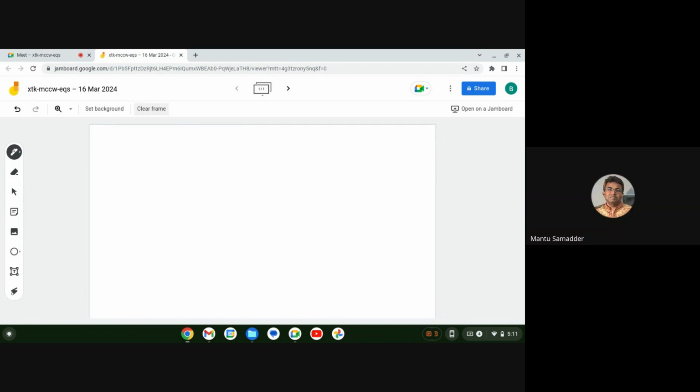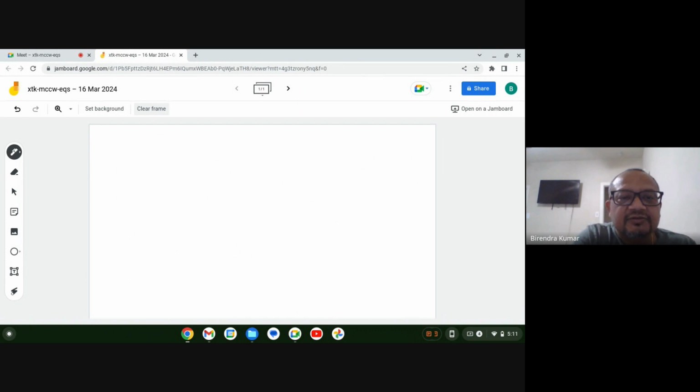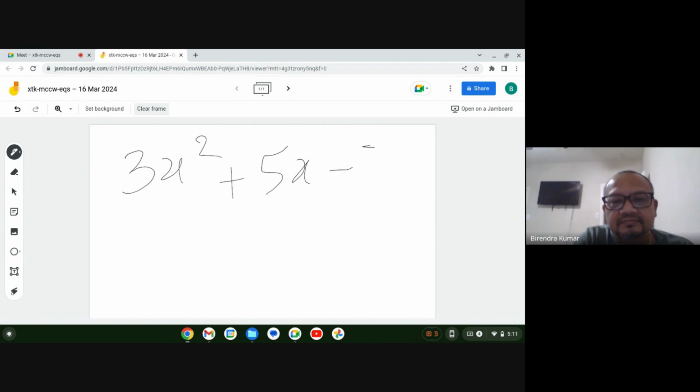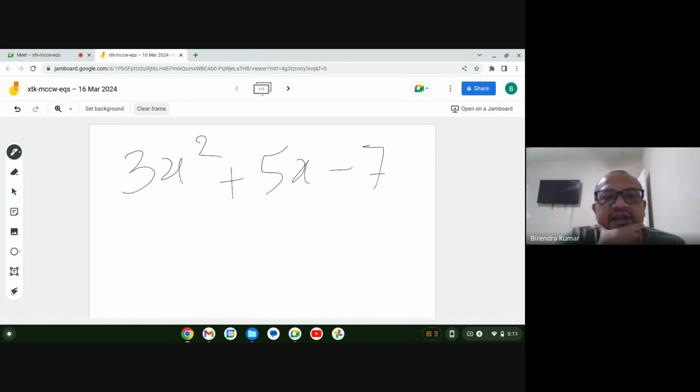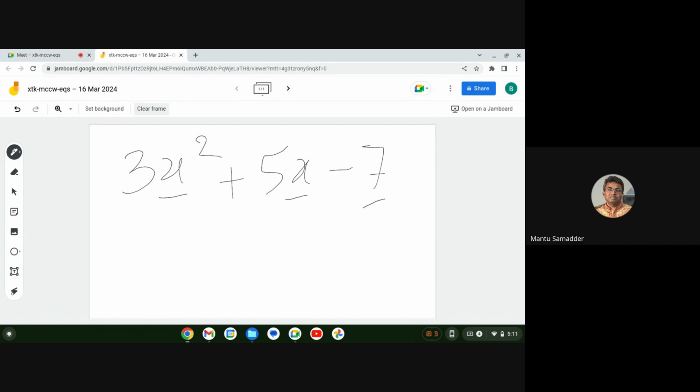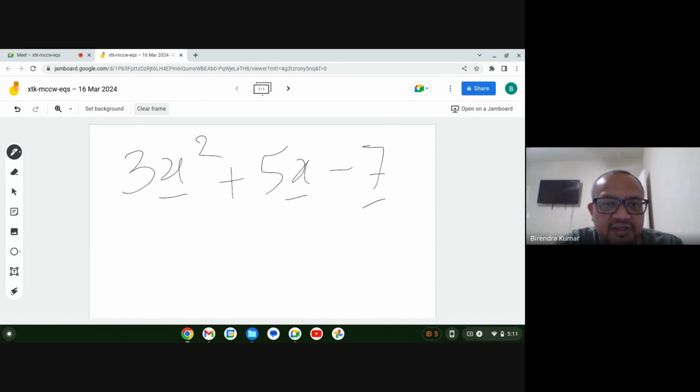Yes. Okay, now let's look at expressions. This is one expression. Here, what is the variable? Only x is the variable. The rest is all fixed.